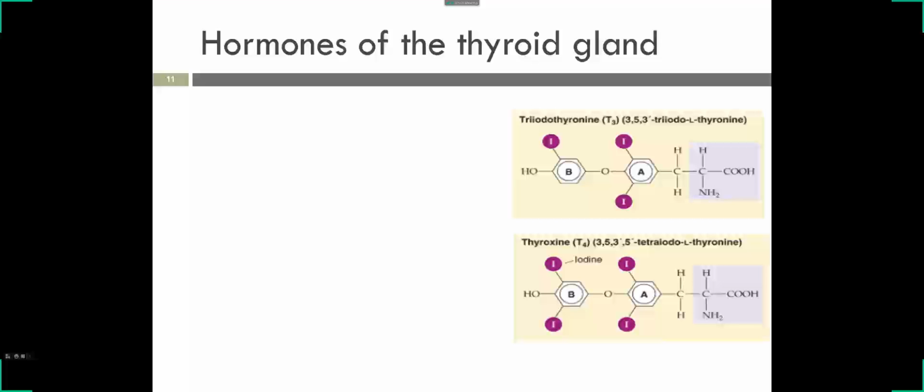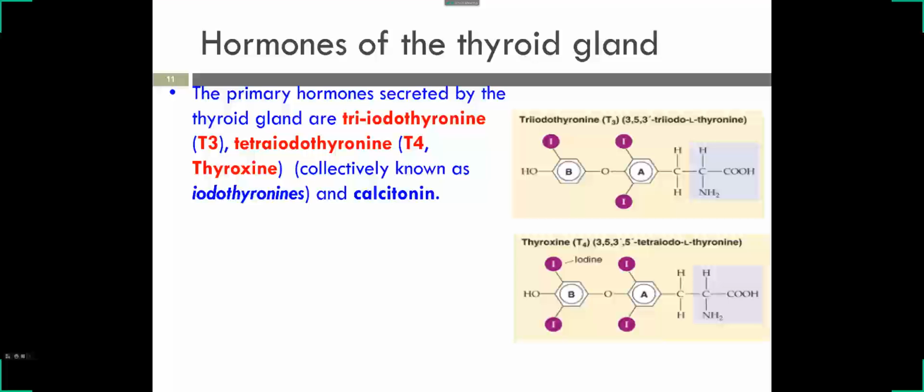We commonly refer to them as T3 or T4. We will sometimes mention thyroxine. In general, I will refer to T3 or T4. So the primary hormones secreted by the gland are T3 and T4.